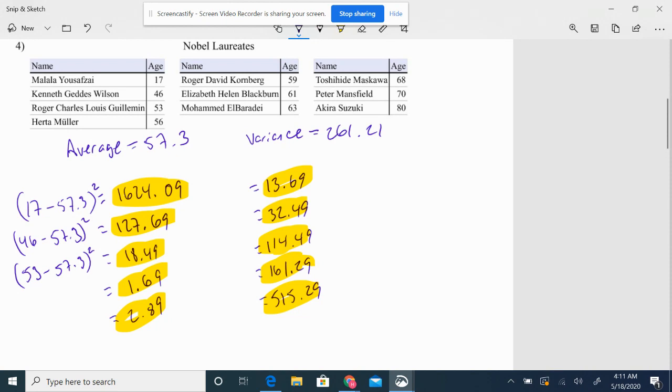Once again, the average of my numbers that I have highlighted, I just added them all up, divided by 10. That gives me the variance. So my standard deviation is the square root of my variance, rounded to 2 decimal places. I'm going to call this 16.16.